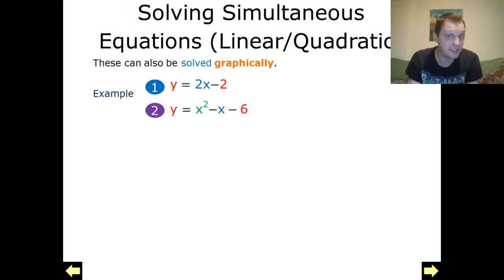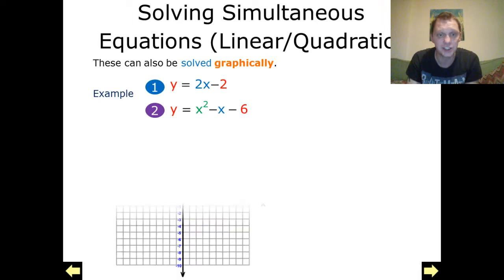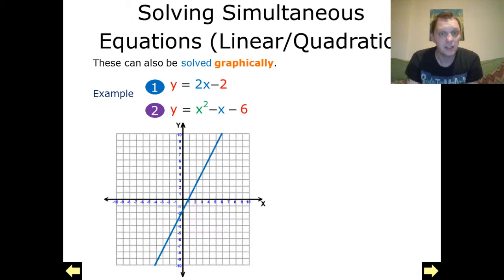We can also solve these graphically, just the same way as what we would do with two linear equations. So solving these graphically, the blue straight line is our first equation, which is our linear equation, and the curved purple line, this is our second equation, our quadratic equation.